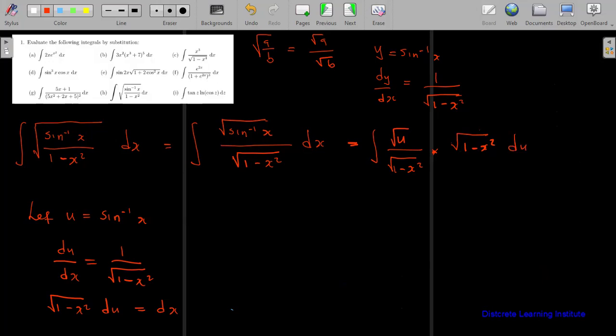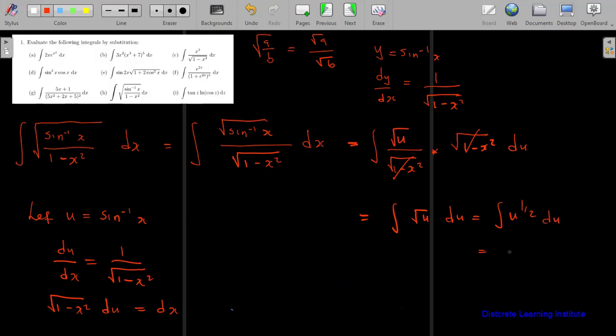You can see that the 1 minus x squared terms cancel, so you just have the integral of the root of u du, which is the same as the integral of u to the power half du.